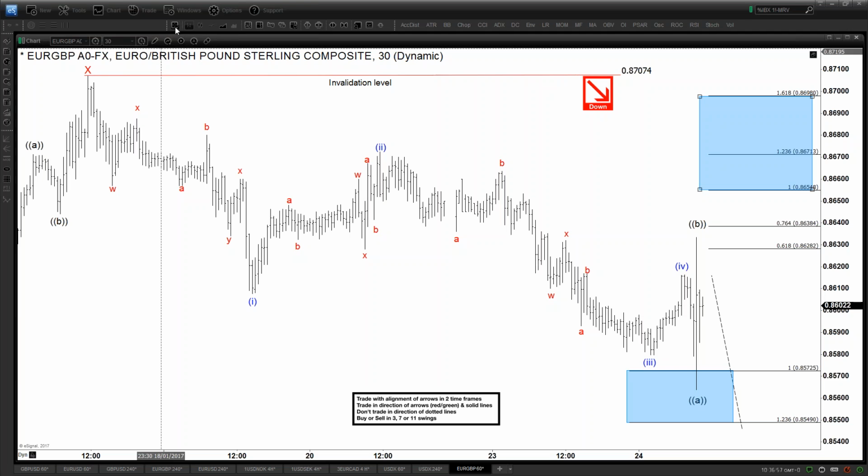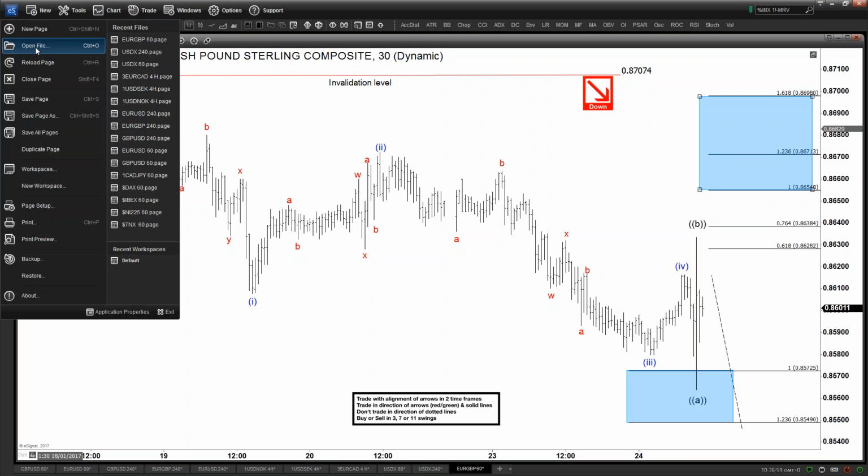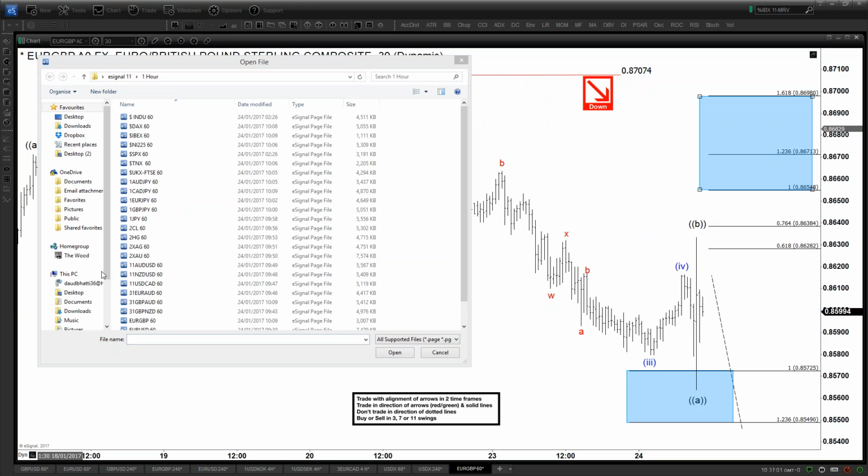All right, okay, so there are no further questions. Then let's take a look now at the commodity currencies and the crosses.